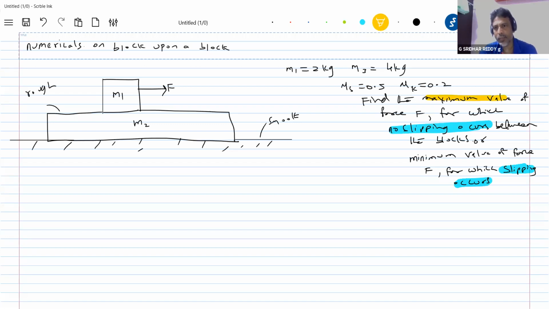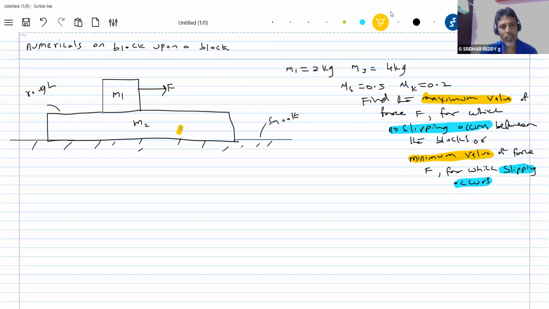Maximum value, minimum value, the interpretation is the same, so don't make a mess of this data. Maximum force for which no slipping occurs, or what minimum force you should apply so that slipping occurs. What do you mean by slipping? There will be relative motion between the blocks. In books, sometimes they ask the same question like this, sometimes like that. So you should not get confused. Both are the same.